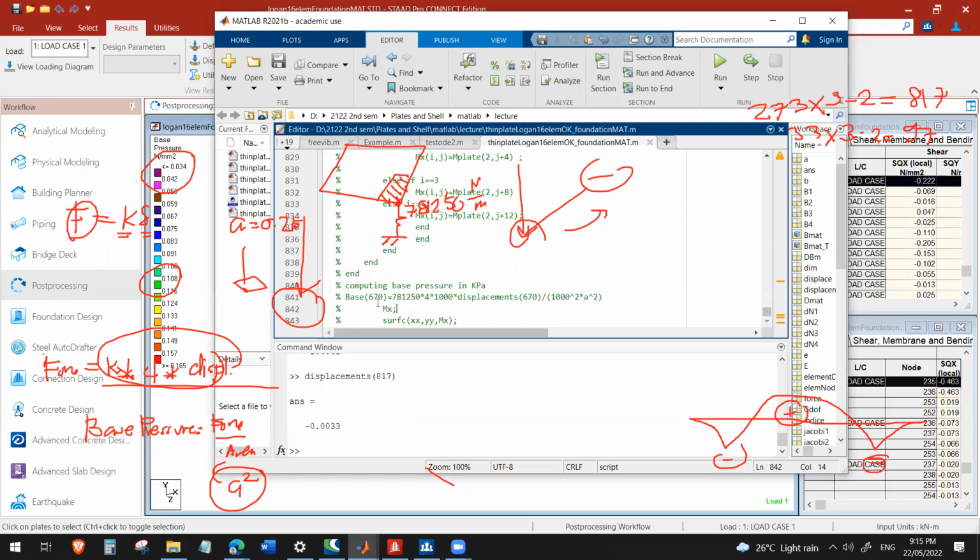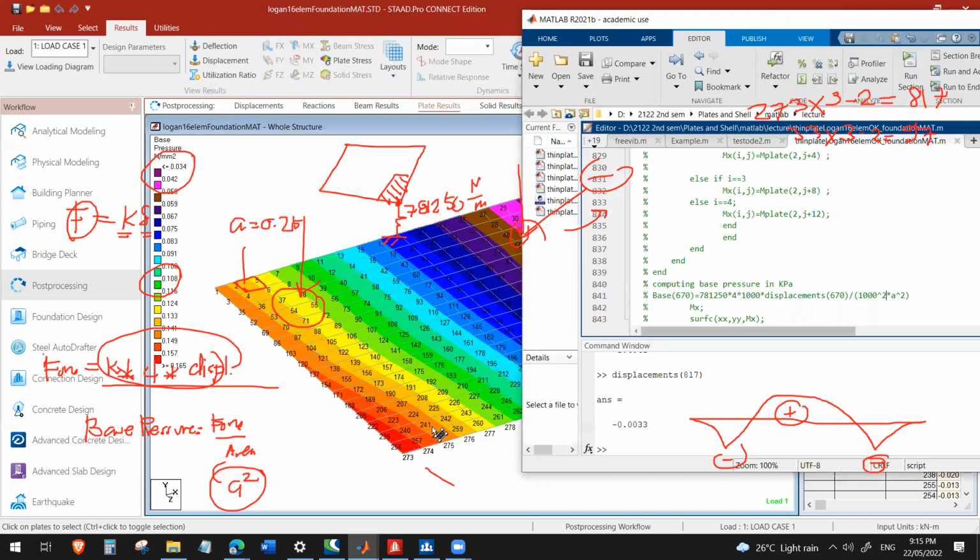For example, if you wanted to find the base pressure at DOF 670, this is the formula, 78,250 times 4 times 1,000 to convert into kilopascal, and the displacement at DOF 670. It depends on you what location you wanted to find, okay? And A squared, 1,000 squared because our A is in meters, so to convert into millimeters, that's 1,000 squared. So that's it. Let's check, for example, node 257.